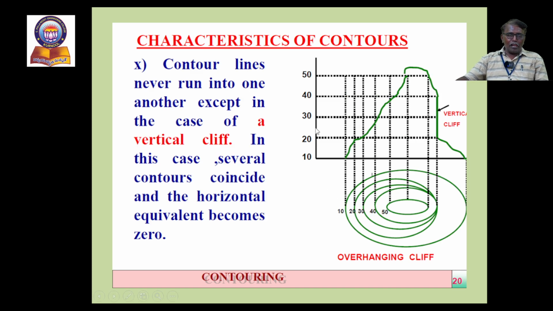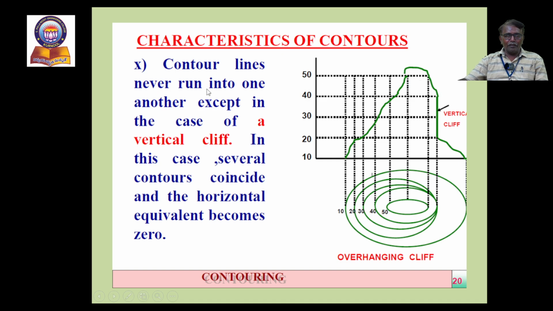Next is a vertical cliff. Generally, we cut the stone. For the purpose of stone, we cut the hills, and then this type of cliff is formed. That means one side of the hill will be flat, and the other side may have a slope.